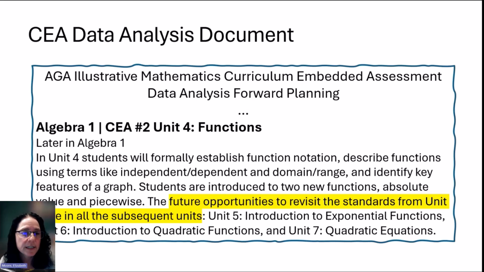And if I go into my CEA data analysis document, it's telling me that in Unit 4, students did all this work with functions, and they'll have future opportunities to revisit the standards from Unit 4 in all of the subsequent units. This is in the data analysis forward planning section.